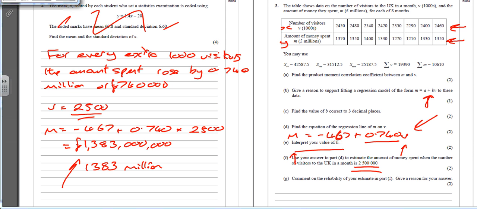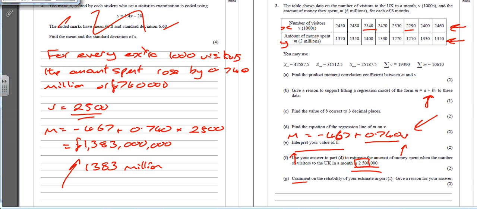Comment on the reliability of your estimate in part F. Give a reason for your answer. So again, it's exactly the same as the previous two papers. Our value of V was 2,500, which lies in between our data set, because our data set went up to 2,540 and went down to 2,290, so it lies within the data set.